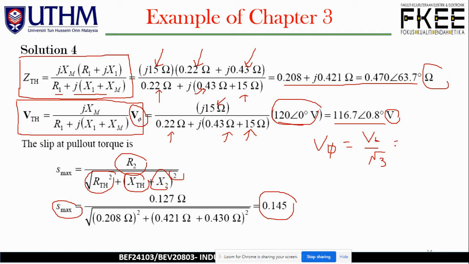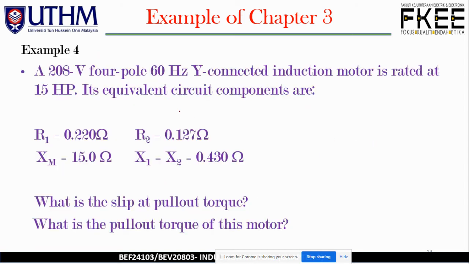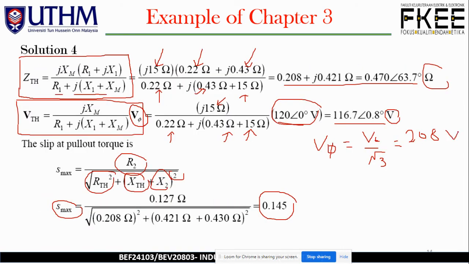We have 208 volt; let me show you from the question here. 208 volt divided by square root 3 gives us 120 volt.